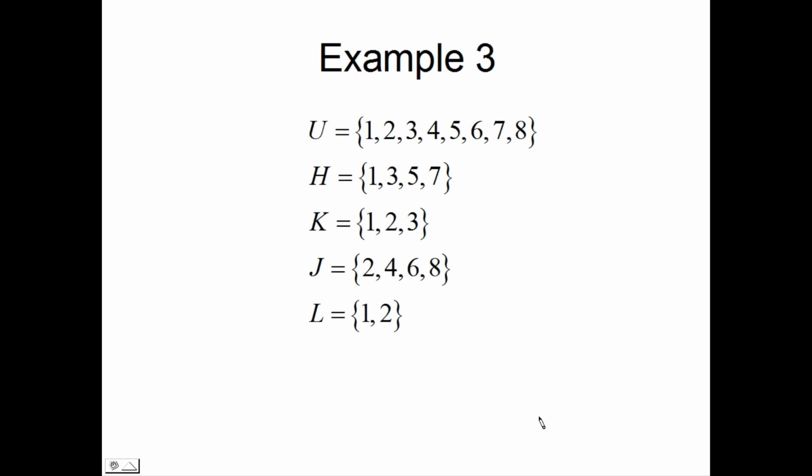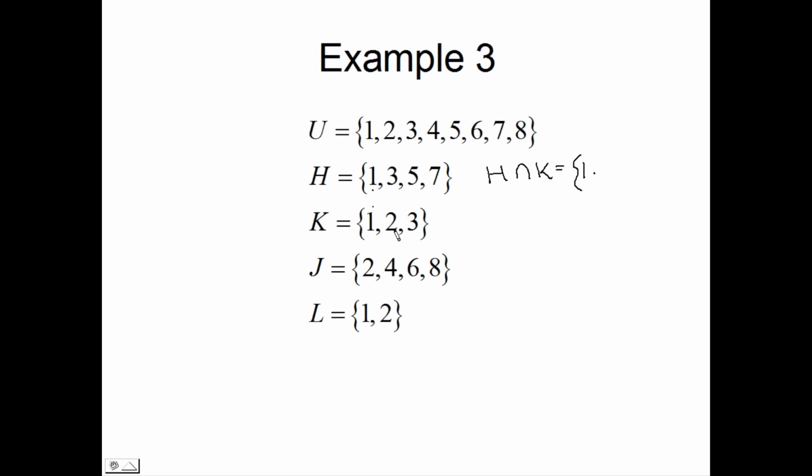Here's an example. Let's just combine these sets in a few ways here. We're going to let the universe be the set of integers from 1 to 8. And H, K, J, and L we have specified here. Okay, so what is H intersect K? This means the set of elements that are in both H and also in K. Well, 1 is in both of them, so 1 will be here in the intersection.